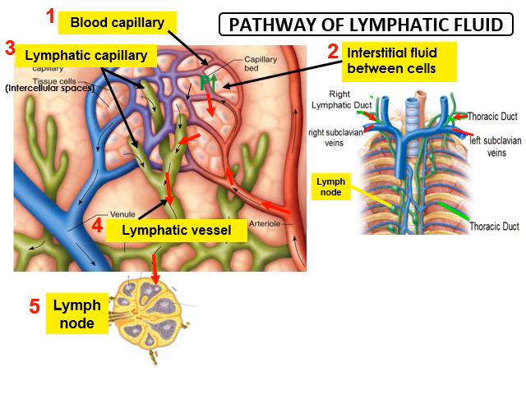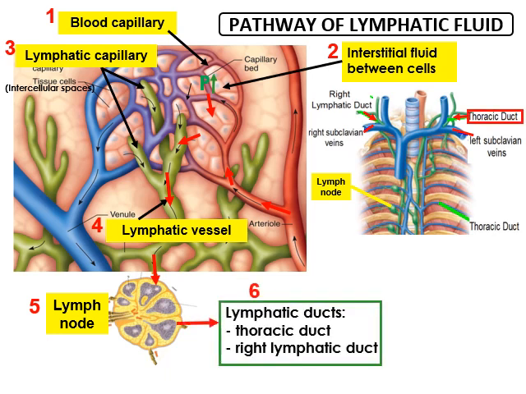Lymphatic fluid in the lymphatic vessels from the left side of the body, alimentary canal and right side of the lower part of the body flows into the thoracic duct. While lymphatic fluid in lymphatic vessels from the right side of the head and chest flows into the right lymphatic duct.